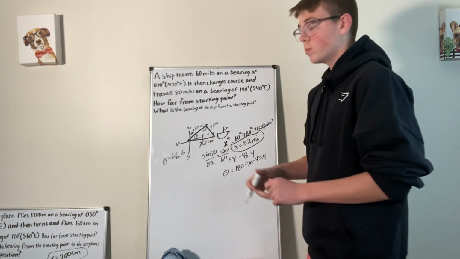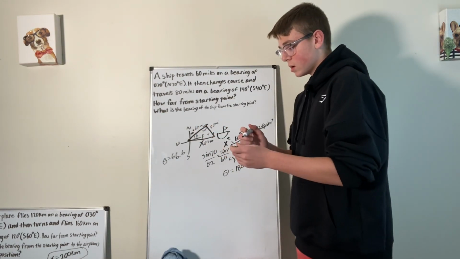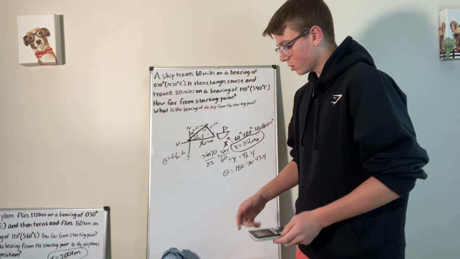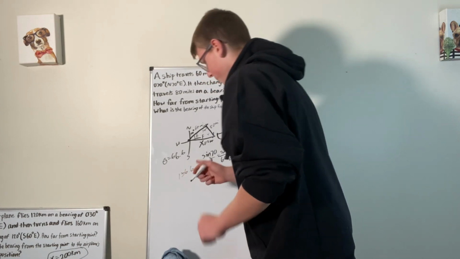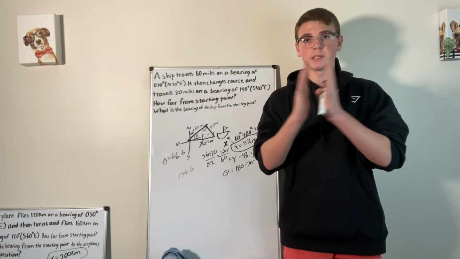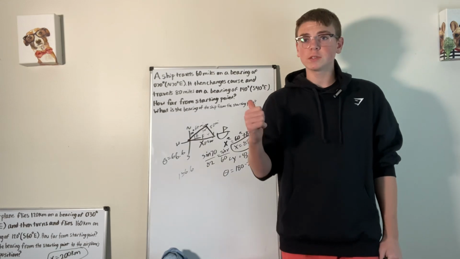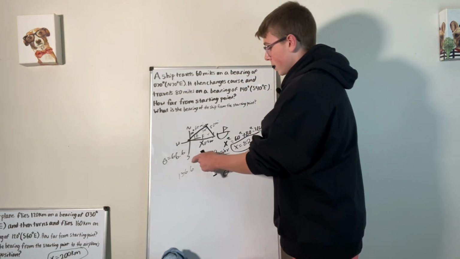Okay, so now we do our 66.6 theta plus 70 degrees. So if you add 70 to that, you will get 136.6. Now, if you're doing anything northeast, it has to be between 0 and 90 degrees. Now that we're at 136.6, that's over 90 degrees. So if you're doing anything south to east, this is 180 degrees, this is 90 degrees.